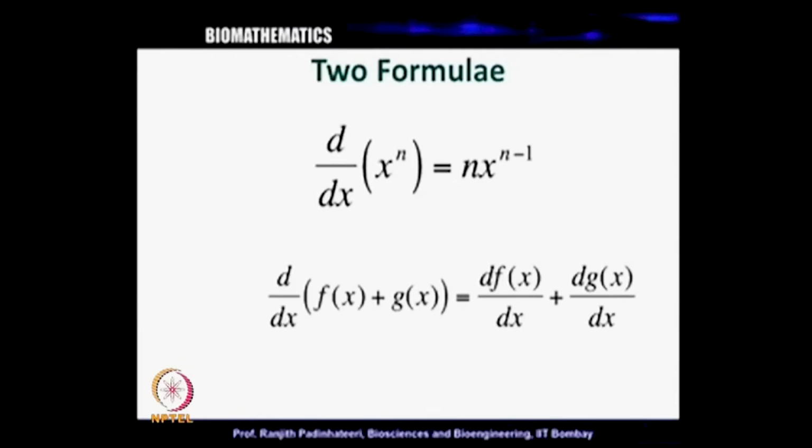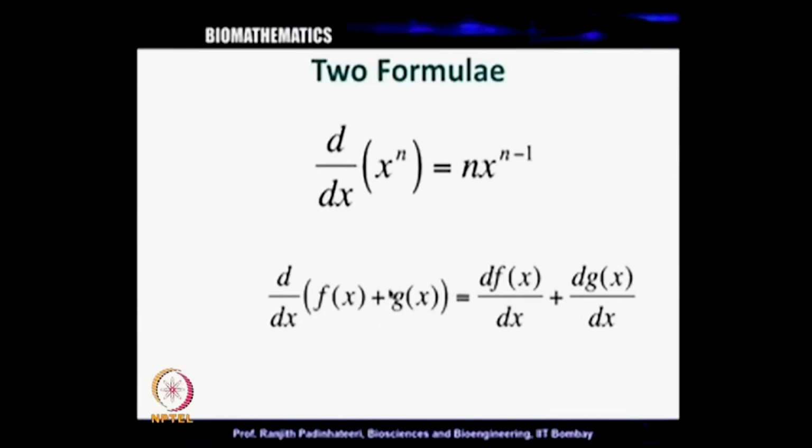The second formula is for the derivative of the sum of two functions, f of x and g of x. If you have the sum f of x plus g of x and find its derivative, you can find the derivatives of the individual functions and sum them.